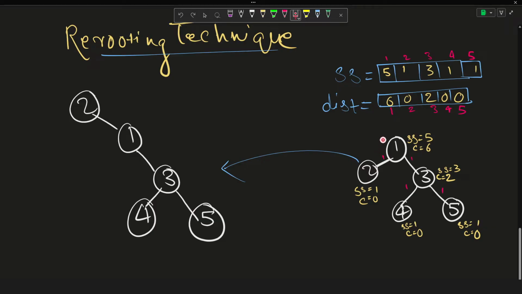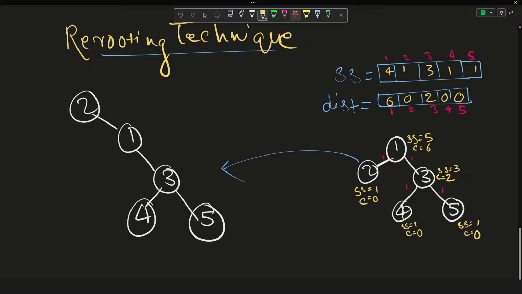So what I will do simply is, in these 2 arrays, since the subtree size for 2 was 1, I will just subtract this 1 from the subtree size of 1. So the subtree size of 1 is 5 initially, so I will subtract 1 here. Now it will be 4, and now I will also subtract the distance value, that is 0, from this 1. So if I subtract 0 from this 6, 6 minus 0 will be 6 only, so it will be 6.